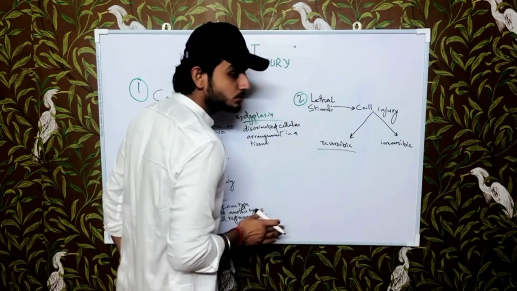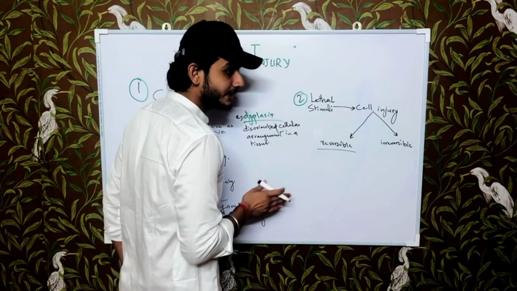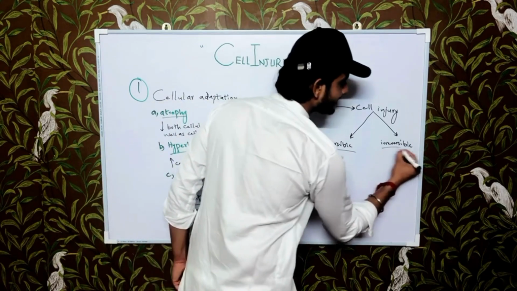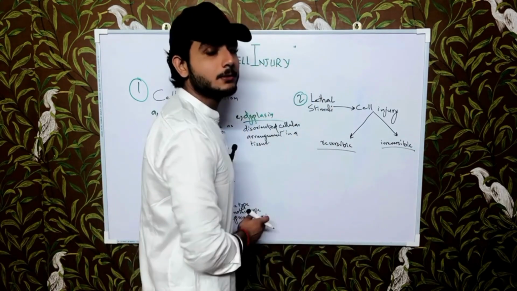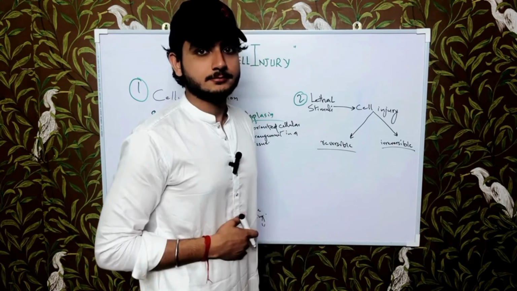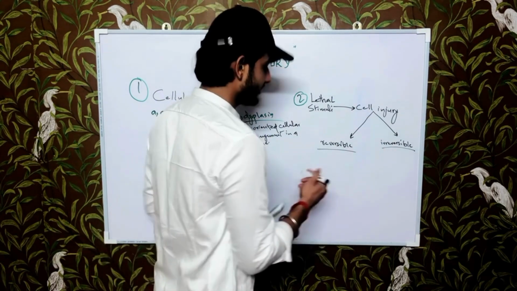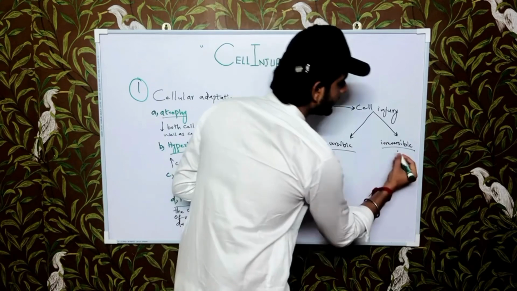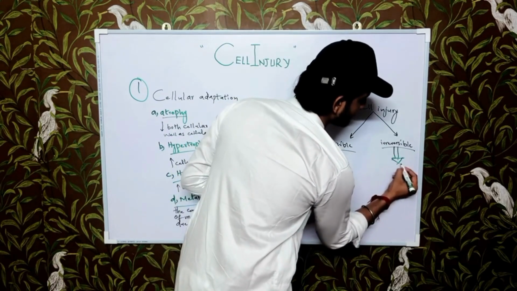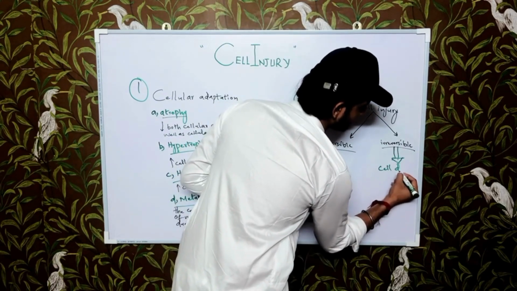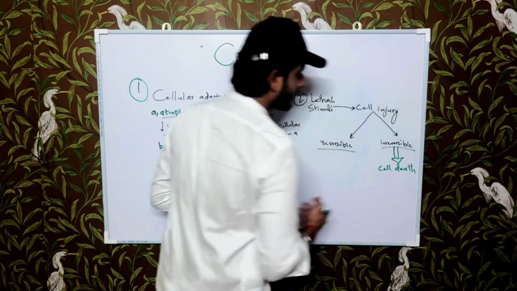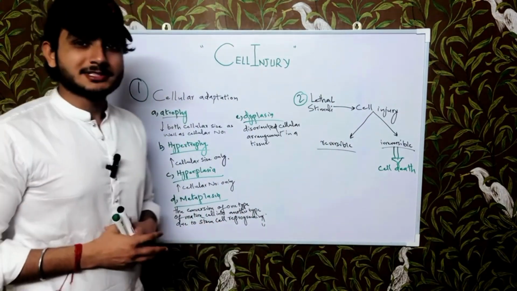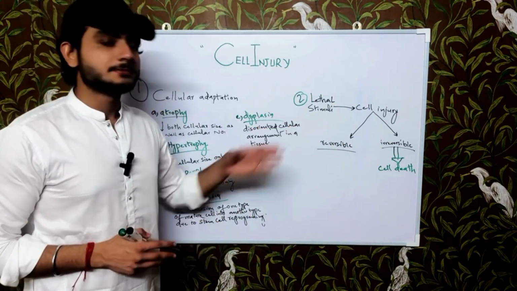Reversible cell injury is due to mild or short-lived stimuli. Irreversible cell injury is due to severe or prolonged stimuli. Irreversible cell injury always leads to cell death. Okay, so this concept must be clear to you.